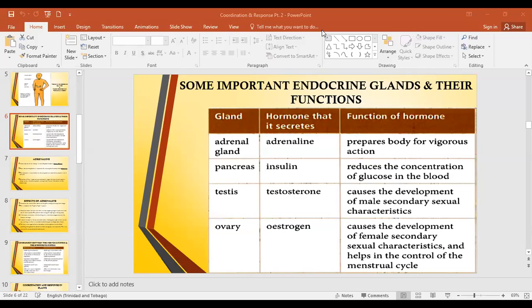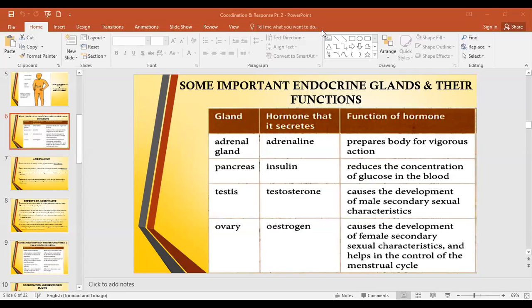The pancreas produces two hormones, insulin and glucagon. Insulin reduces the concentration of glucose, and glucagon increases the concentration of glucose in the blood. Your testes produce testosterone for you guys. That will cause the development of your sexual characteristics and also the male organ.